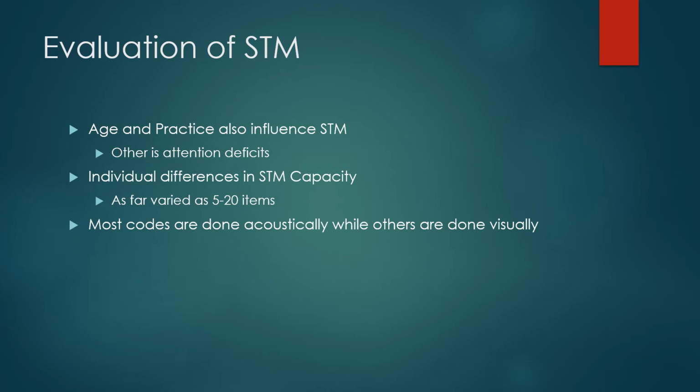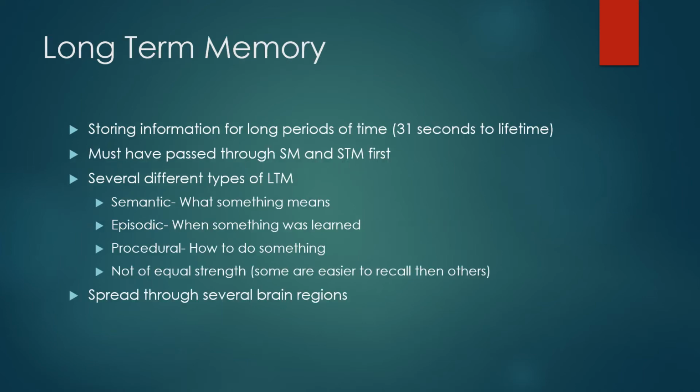And then also, there are individual differences in short-term capacity. Most people are in the 5 to 9 range. Some people could be as far as 5 to 20 items. And then most codes are done acoustically, so how we hear things, while others are done visually as well. And so the ways in which we encode information oftentimes is either through sound or through visuals.